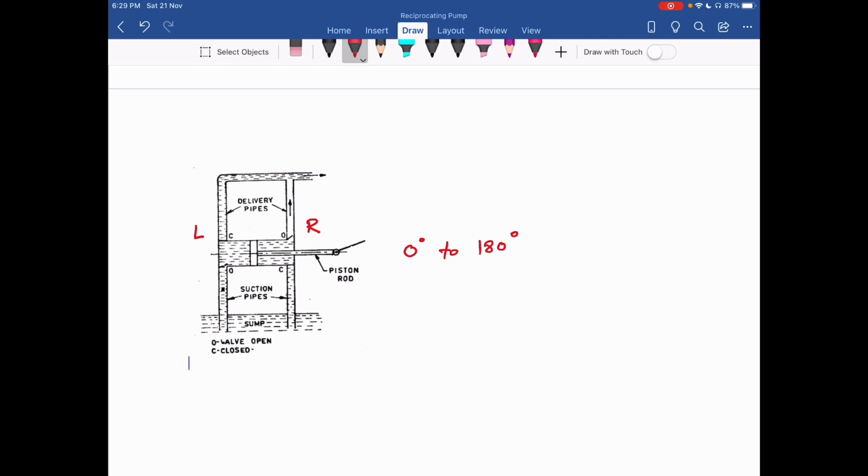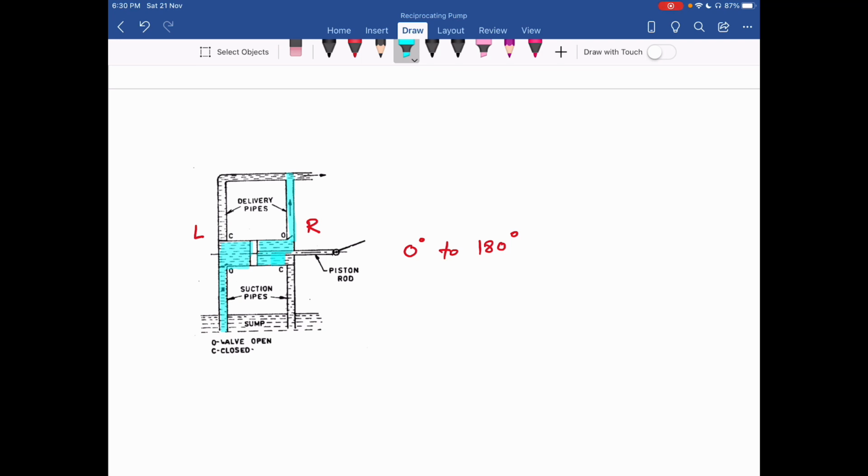During that, you can see the water comes from sump and collected over here. Okay, and from this side, water goes to the top toward the delivery. Okay, so during this stroke, on one side we have the suction stroke, on another side of the piston we have the delivery stroke.